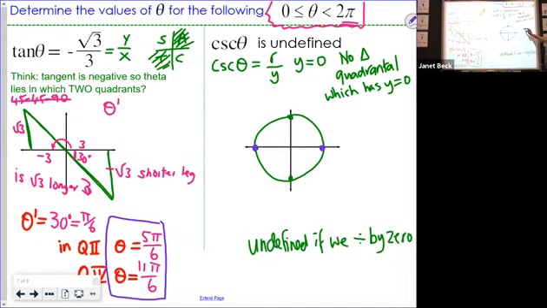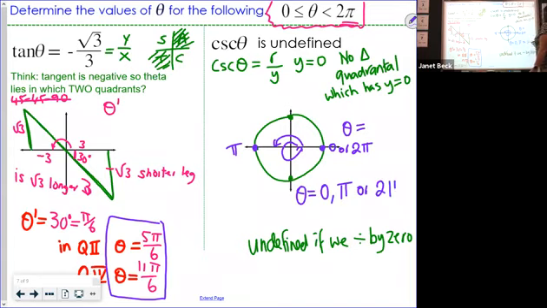Now we have to say what those angles are. Well, this one is easy. That angle there is pi. And this one, there's 2 angles here. There's 0, or going the whole way around is 2 pi. Okay? So at this point, I'm thinking my answer is 0, pi, or 2 pi. But remember at the beginning, I said that you can't ignore this.